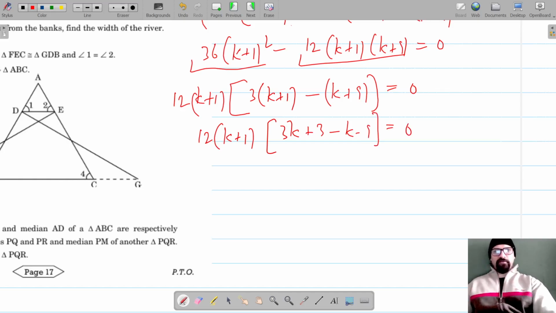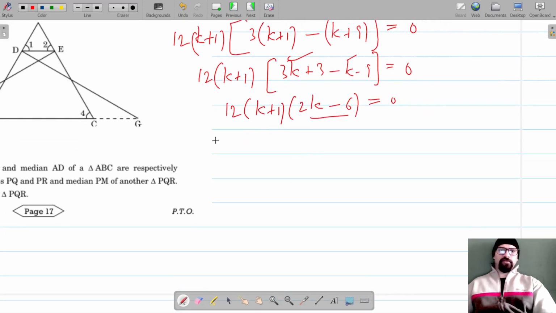And we have to find the value of k for this. So this is now 12 into k plus 1, 3k minus k is 2k, 3 minus 9 is negative 6. If I take 2 common here, we are left with k plus 1 into k minus 3 is equal to 0.